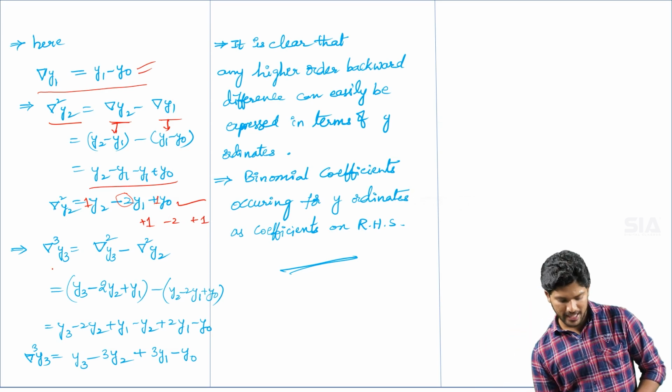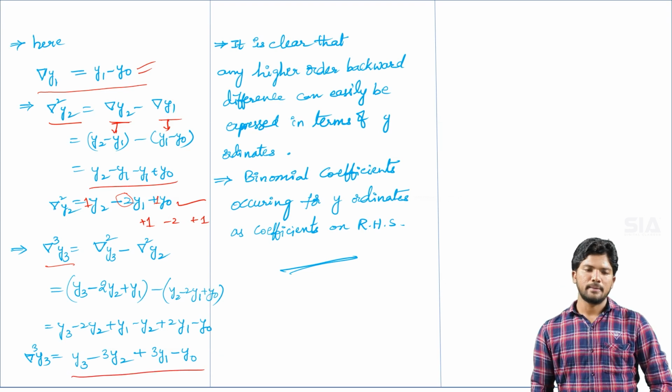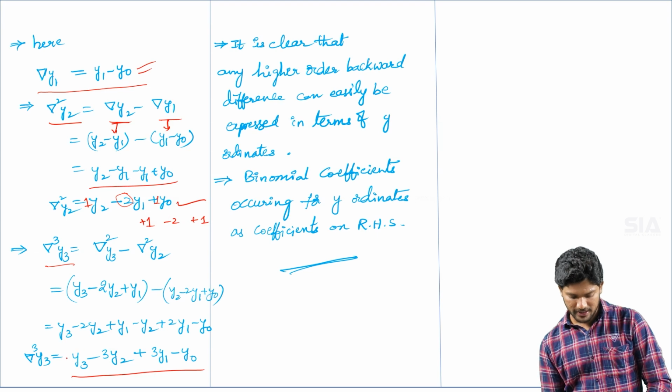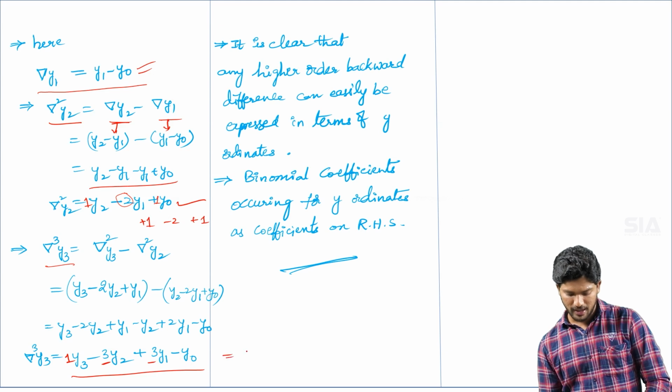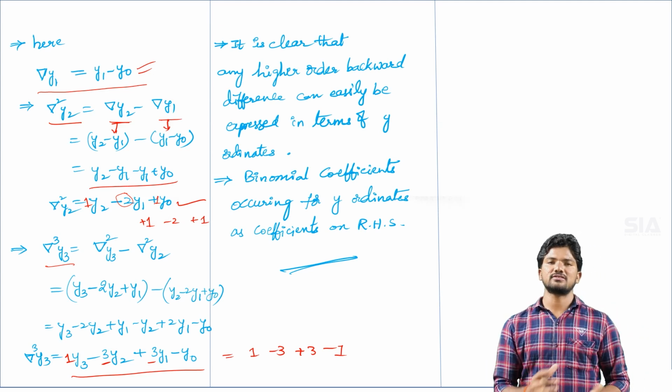Next, del cube y suffix 3 is equal to y suffix 3 minus 3y2 plus 3y1 minus y0. Here you can observe that y3 coefficient is 1, y2 coefficient is minus 3, y1 coefficient is plus 3, and y0 is minus 1. So if you write them in order, 1, minus 3, plus 3, minus 1. These all are the binomial coefficients with alternating signs.